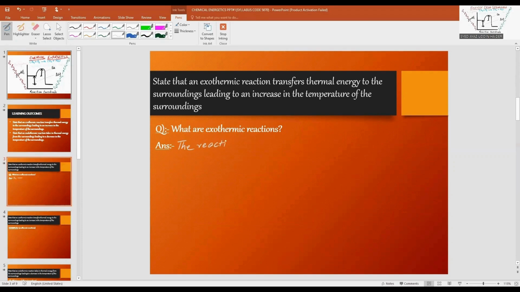The reaction in which heat is given out or released to the surrounding.